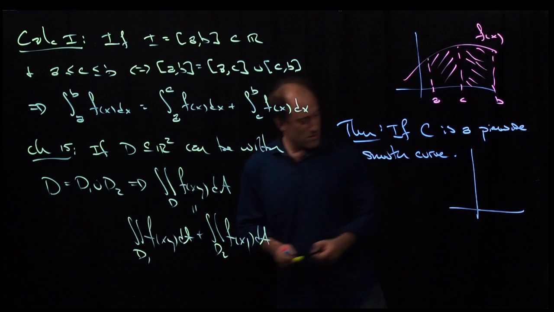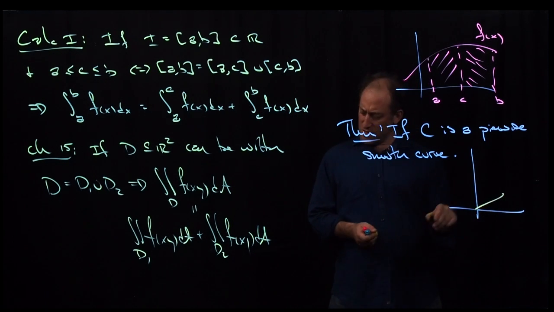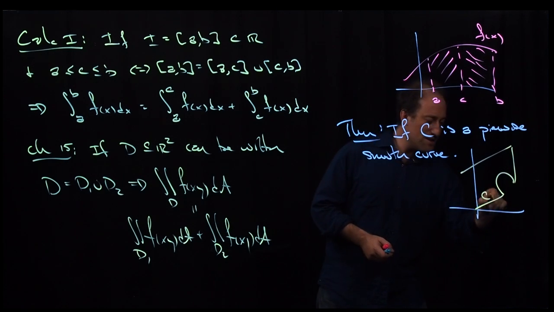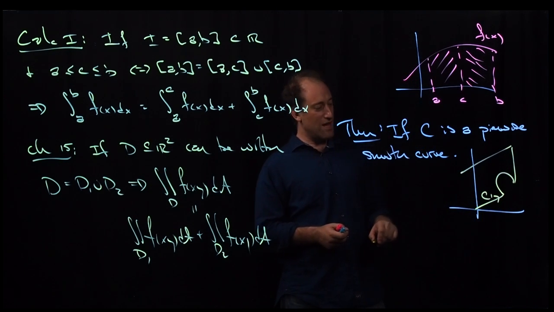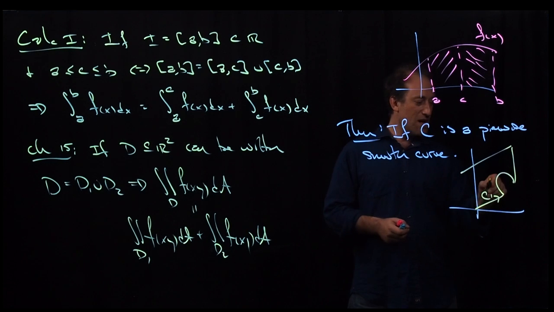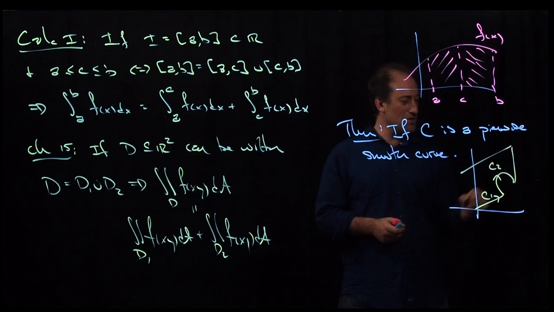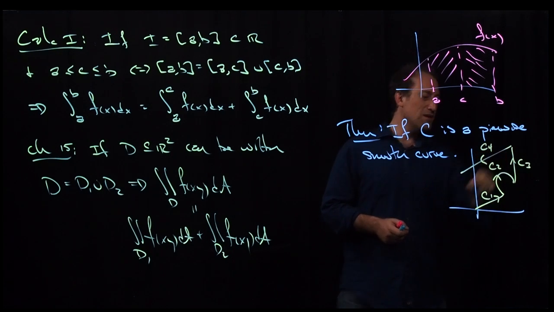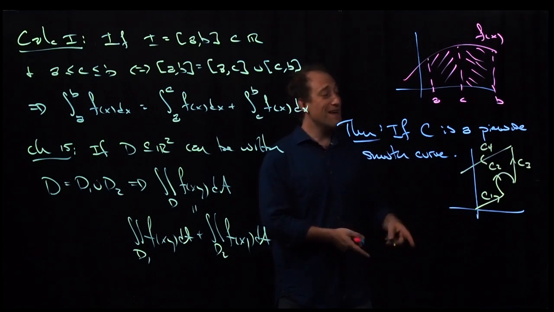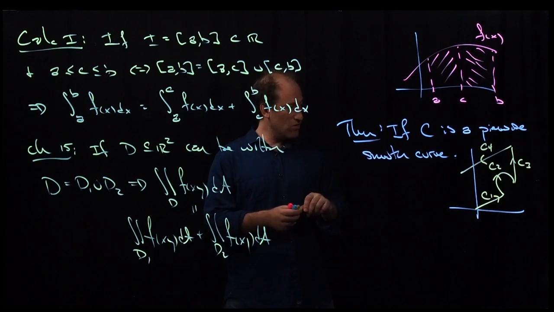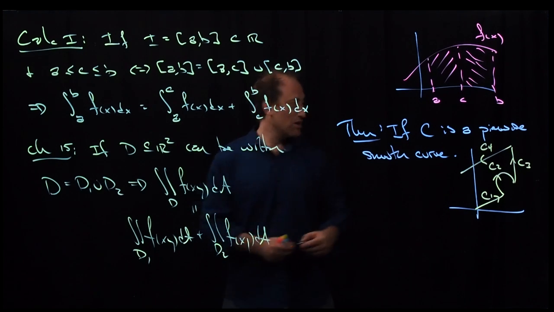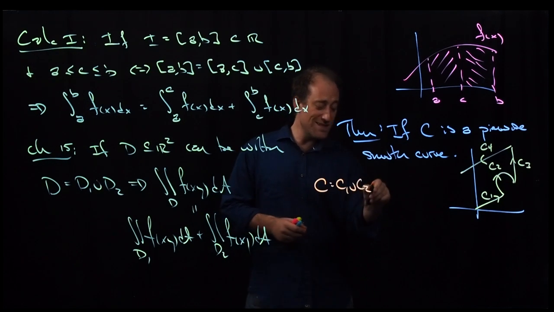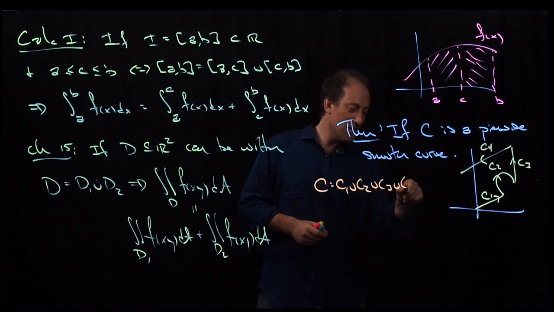Say something here, and then there, and then there, and then there. So if this is C1, and I'll show the direction that it moves as t increases, and this is C2, and this is C3, and this is C4, then C is equal to C1 union C2 union C3 union C4.